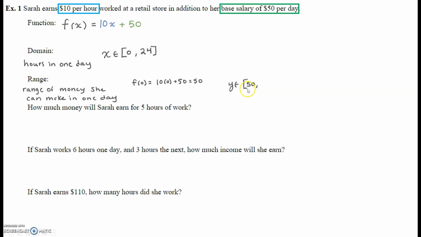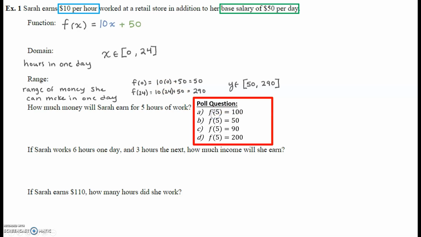So $50. Or she can work 24, so we would do the 10 times 24 plus 50, we get 290. So this is the possible range. This is the possible domain.